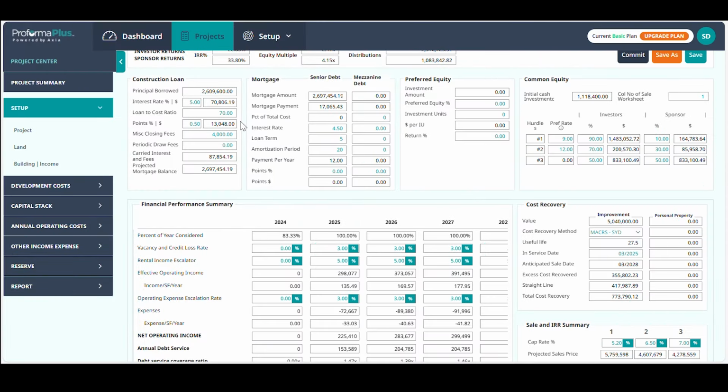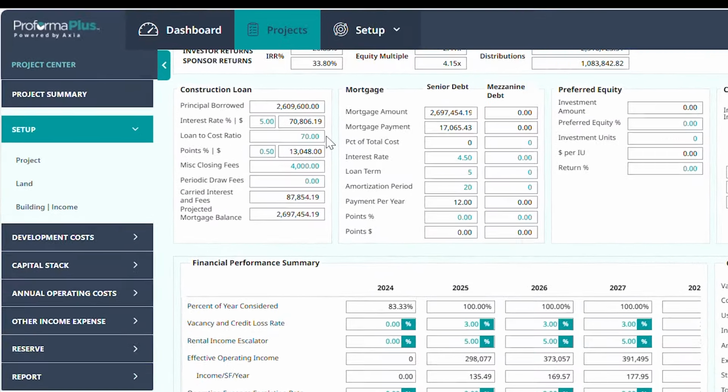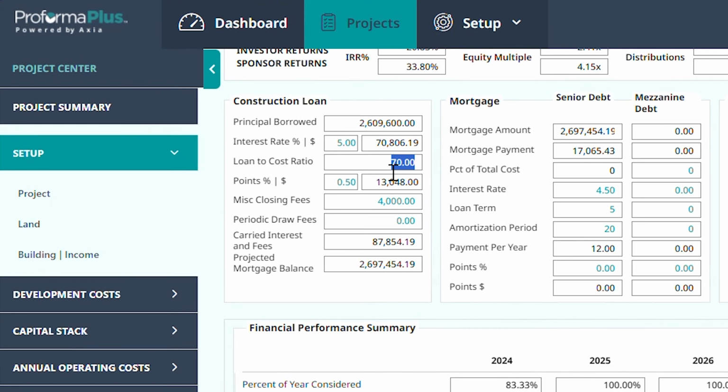So I've already indicated that we've got to change the equity that we're going to invest. So let's change this from 70% to a 60% loan to cost. Obviously, I'm going to have to change my interest rate from 5% to now we're looking at an 8% rate on our construction loan.